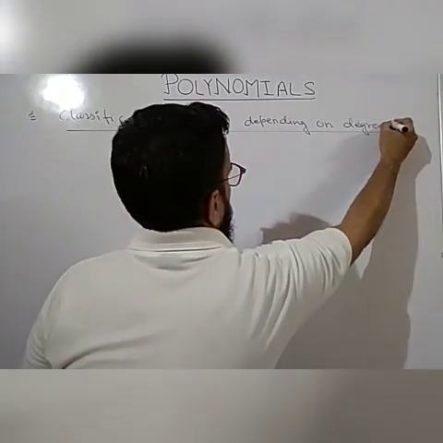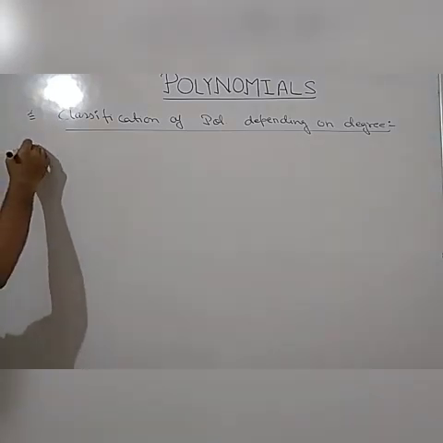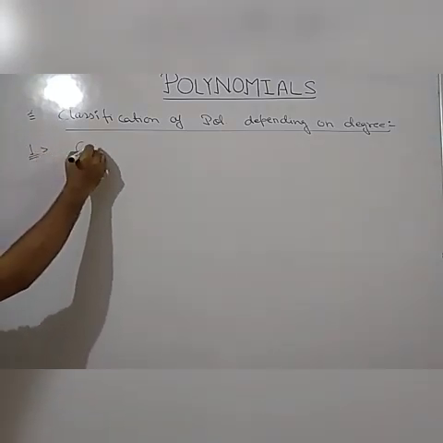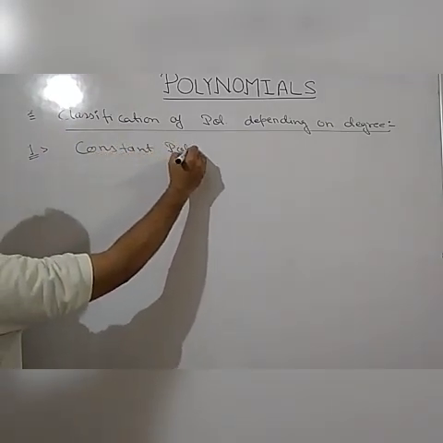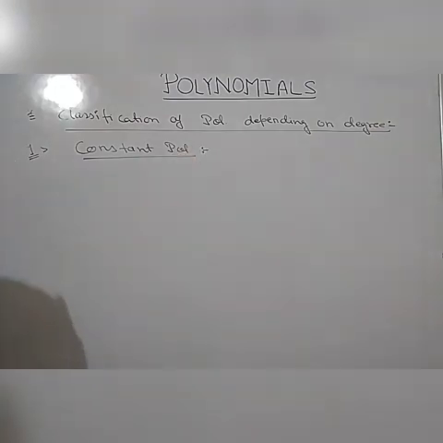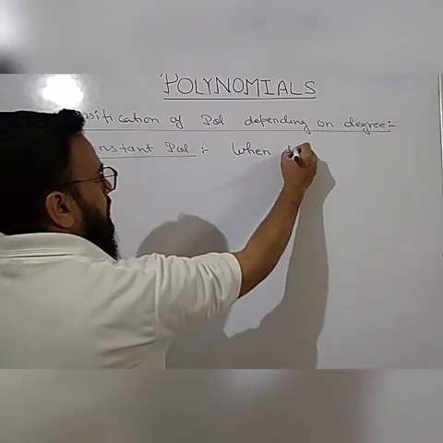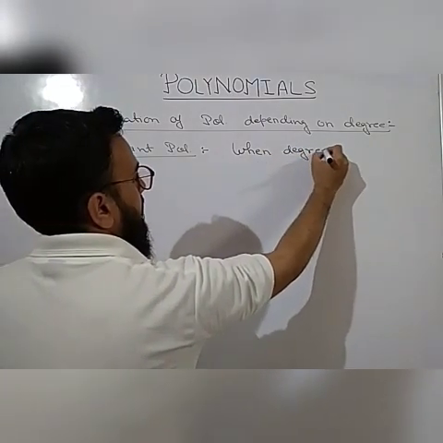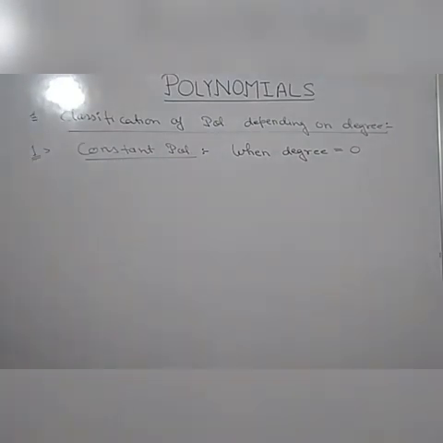So the first type of polynomial is the constant polynomial. What is a constant polynomial? When the degree is equal to 0. When the degree of any polynomial is 0, then that polynomial is known as a constant polynomial.